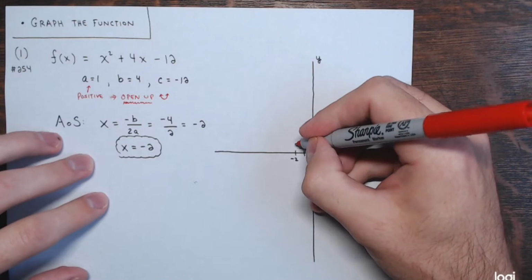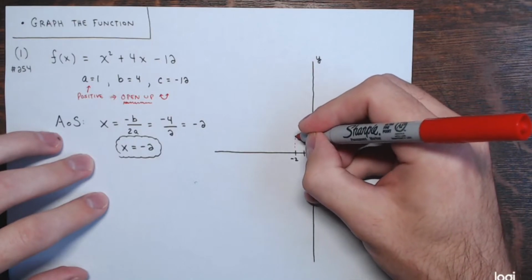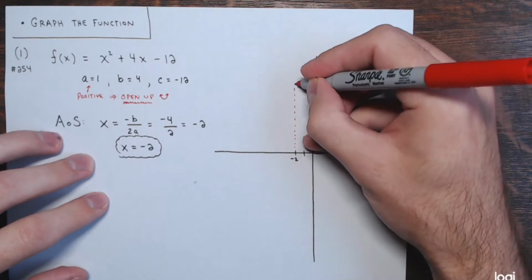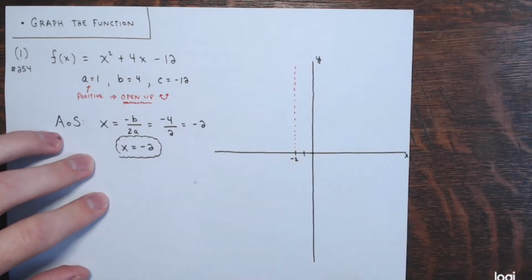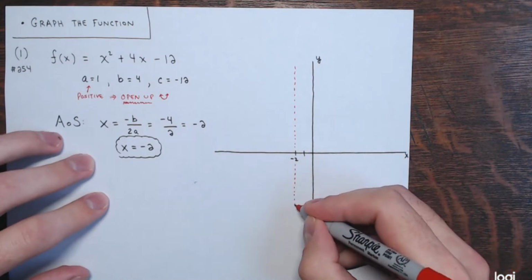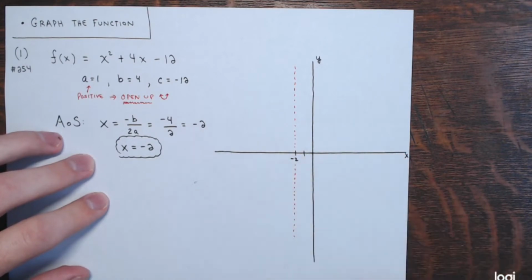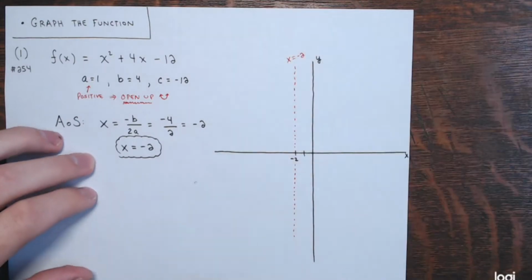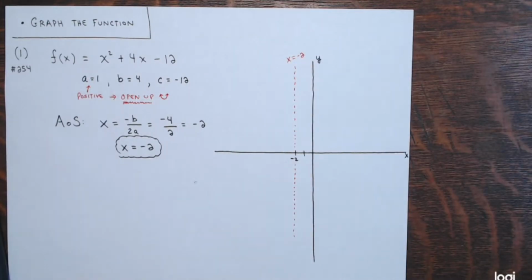Now don't draw a solid line. I like to draw a dotted line because this line is not actually supposed to be there. It's not actually part of the parabola. But it will cut the parabola in half. It will have the vertex of the parabola on it. So there's the line x equals negative 2. All right, then the vertex.